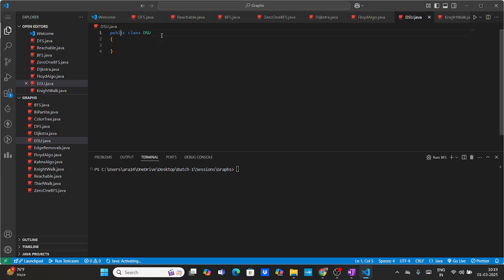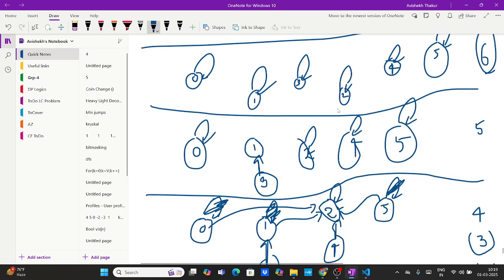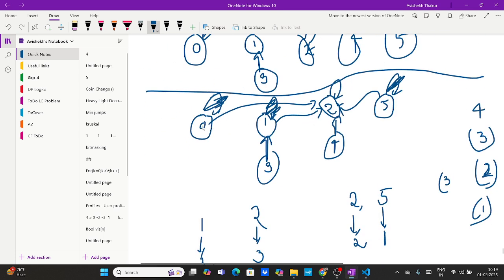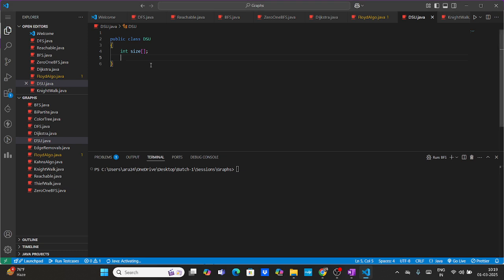So we have a class, DSU. Now, what information do we require? I require something as size, to maintain the size of every component.